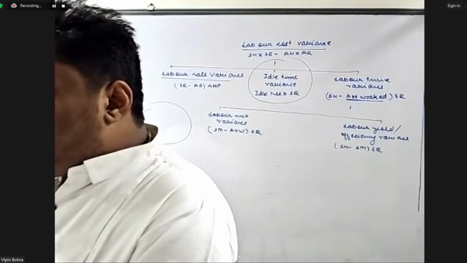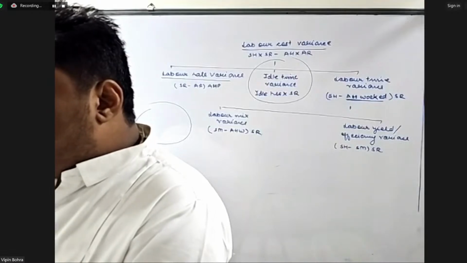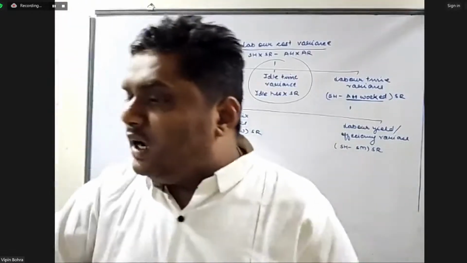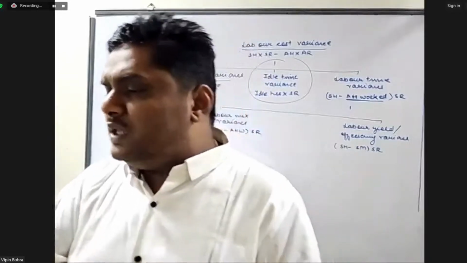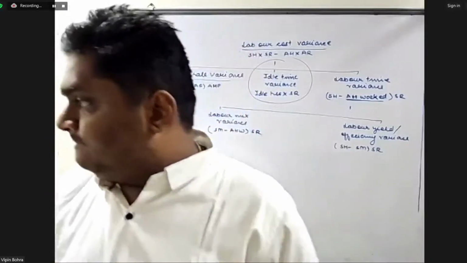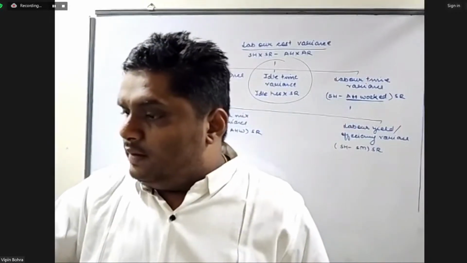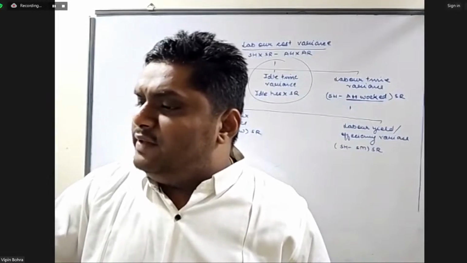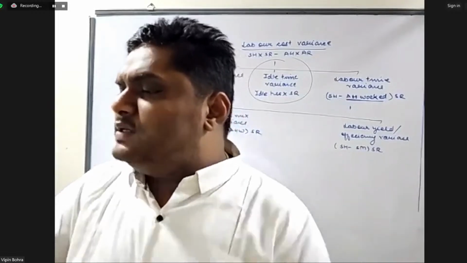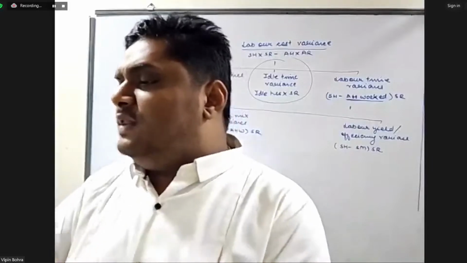There is a query from Shweta to please discuss illustration number 5. So let's start with illustration number 5, then I'll discuss illustration number 6, Swati. Following is the data given: the standard and actual figures of a firm are given. Standard time for the job is 1000 hours.